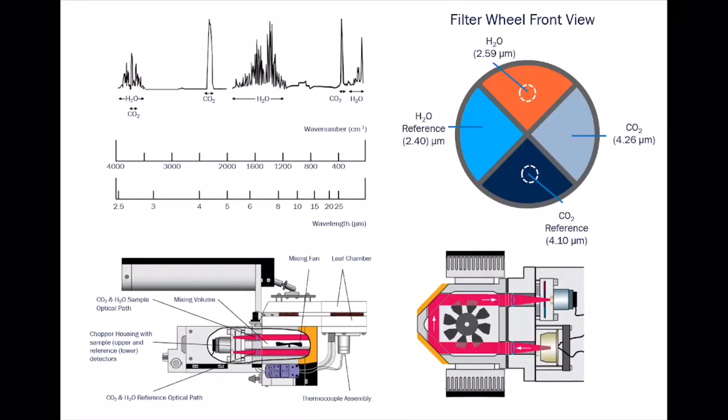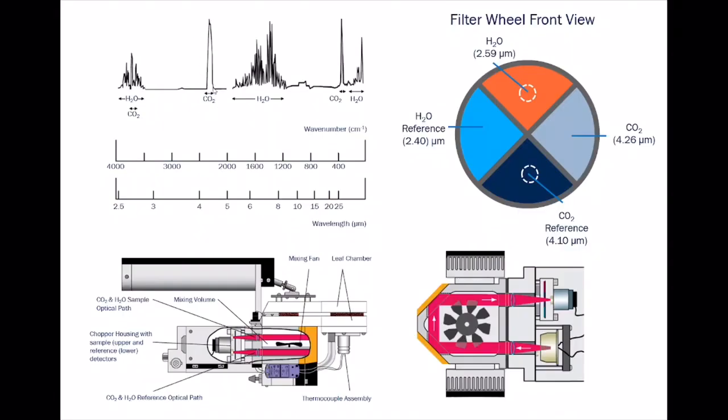So how do the analyzers actually measure CO2 and water vapor concentration? Well, these are infrared gas analyzers. We take advantage of the infrared absorption spectra where CO2 and water vapor absorb, and we can see there's a very strong peak here for CO2.